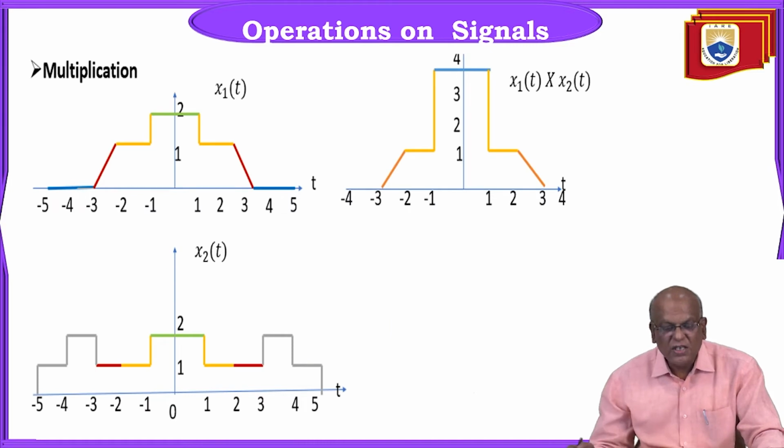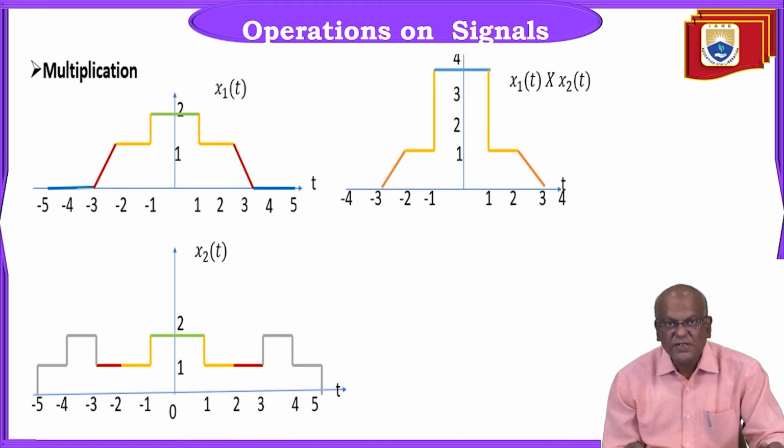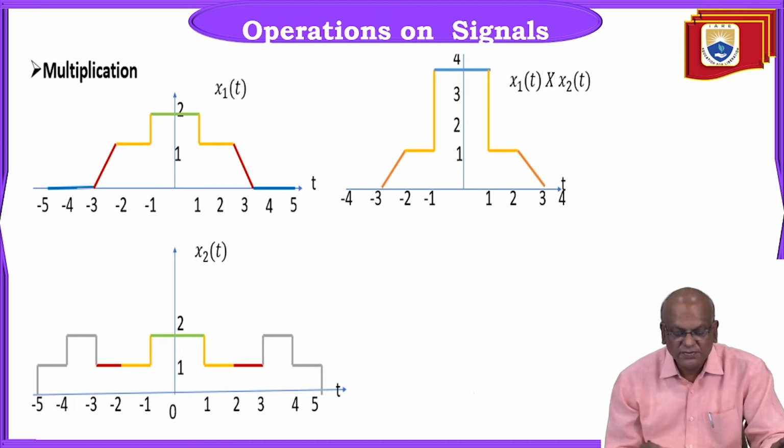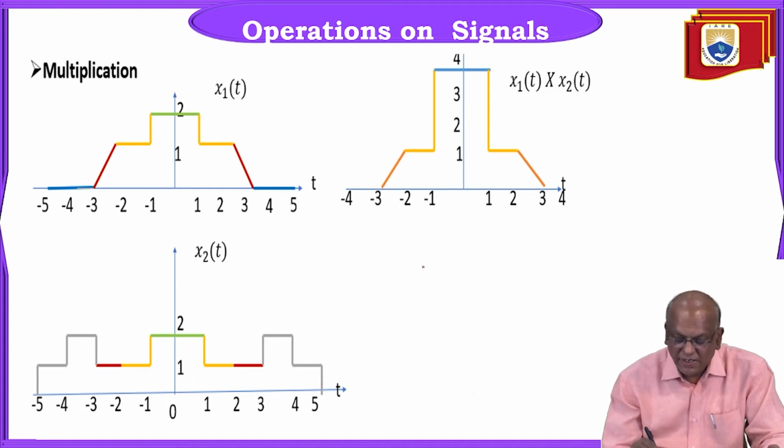Similarly, we go for the multiplication operations. Multiplication operations work in a similar way to the addition operations. First, we consider the interval where t lies between minus 5 and minus 3.